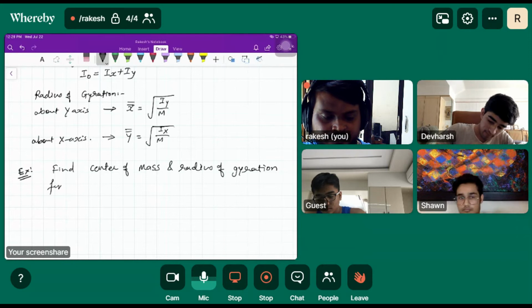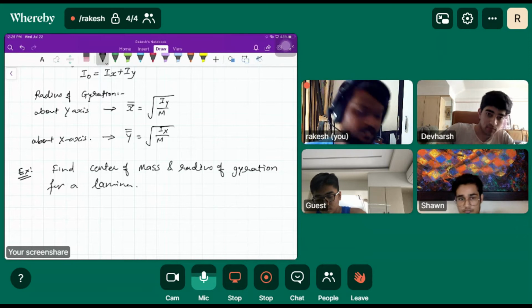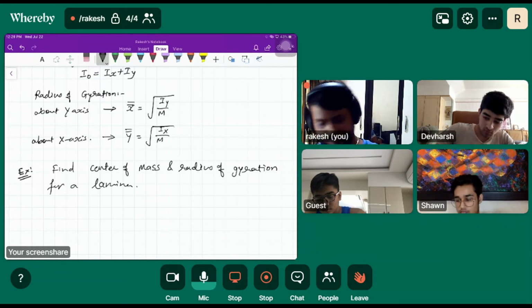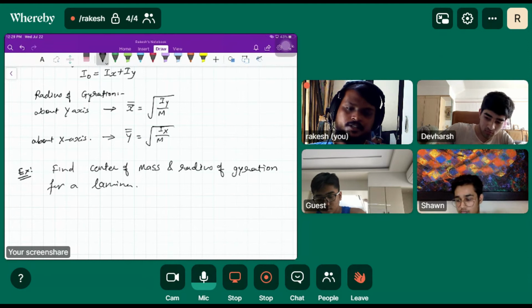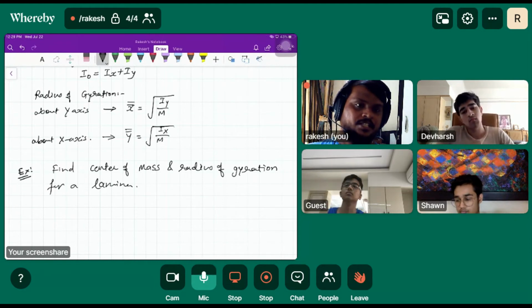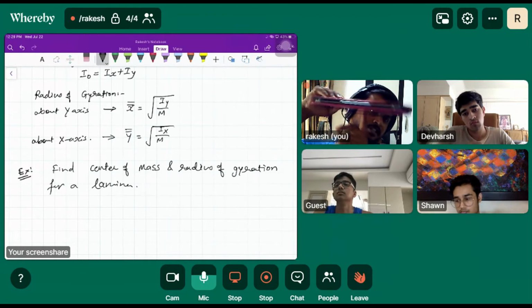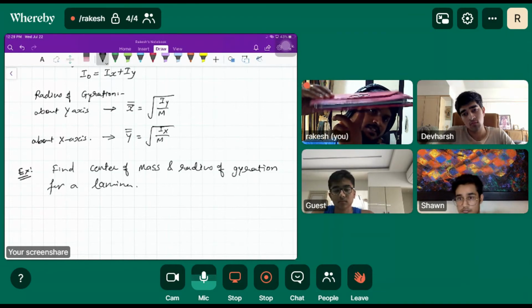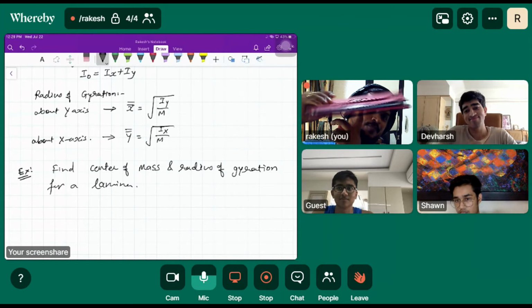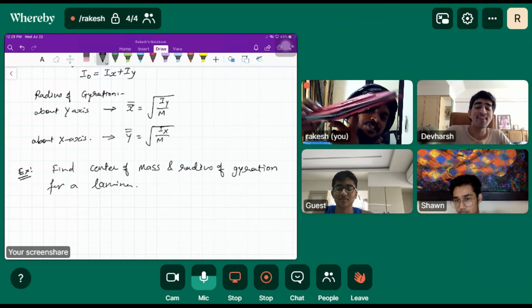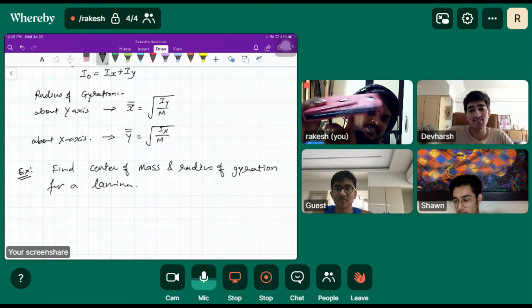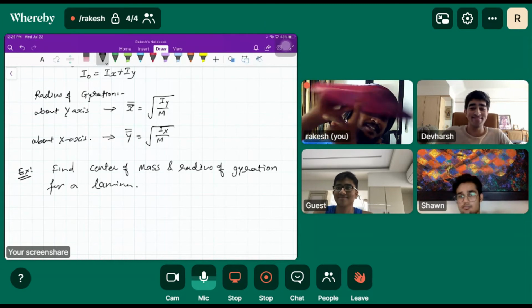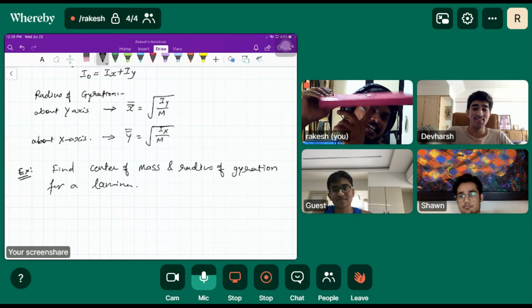For a lamina. See, I was very amazed when in my college I used to see a lot of boys who could revolve this on just one single finger, and I couldn't do this. Have you ever seen a lot of boys just doing time pass, watching here and there, having a pleasant time near the canteen maybe, and they can rotate it, but I never could.